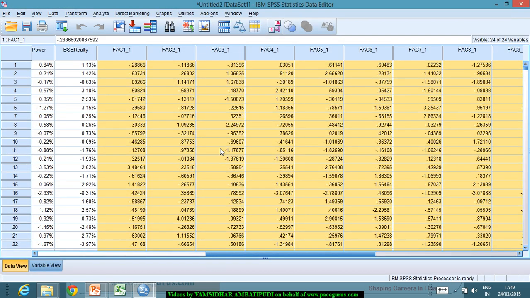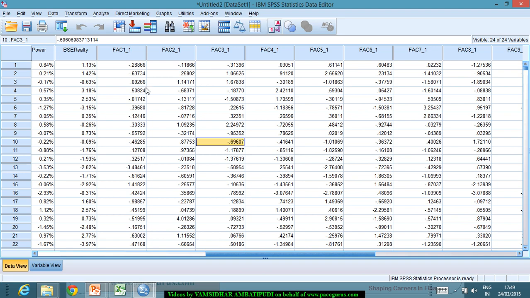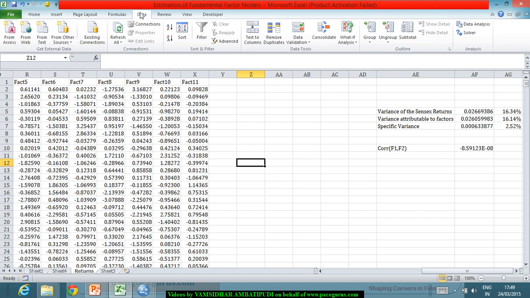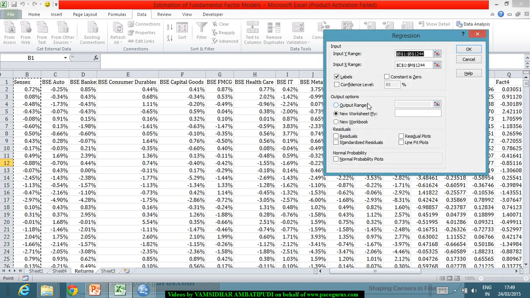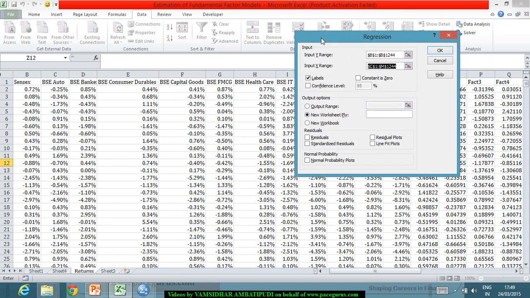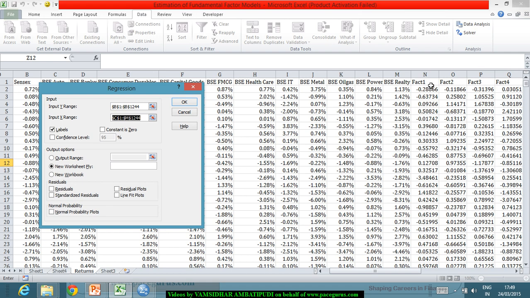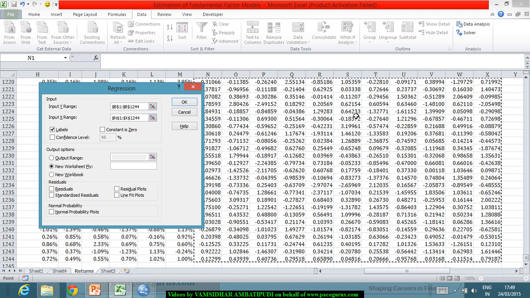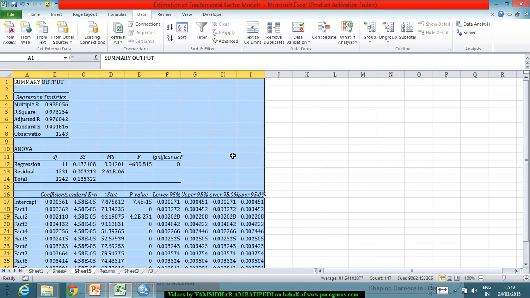Now what is it that we are simply saying? Now I will do the regression. In Excel or any other tool, I'll do the regression now, wherein I am going to consider the returns on Sensex as the dependent variable, but factor 1 to factor 11 is what I call independent variables.